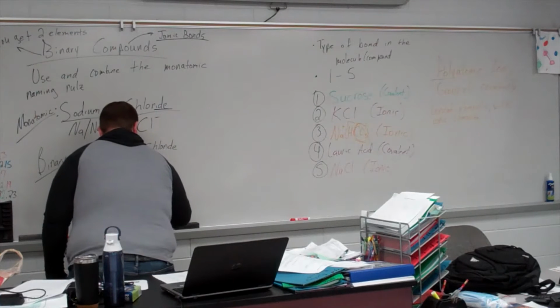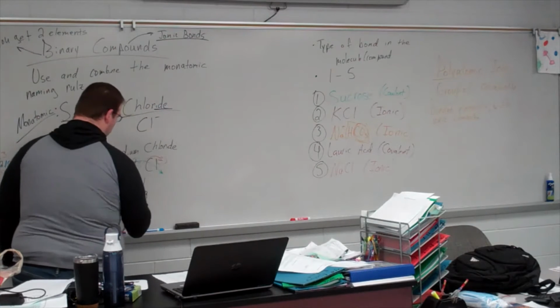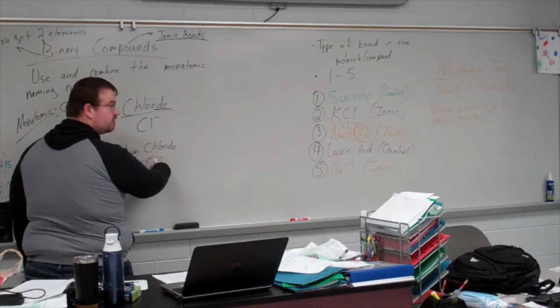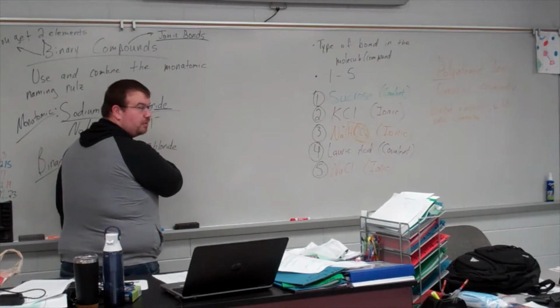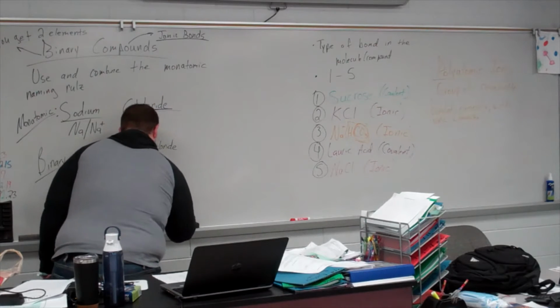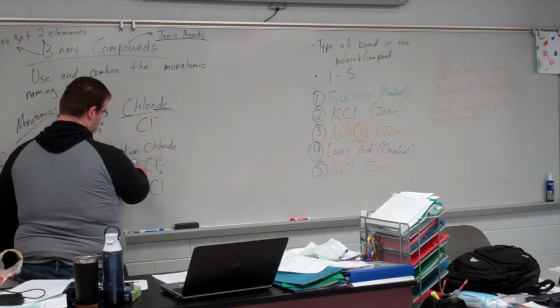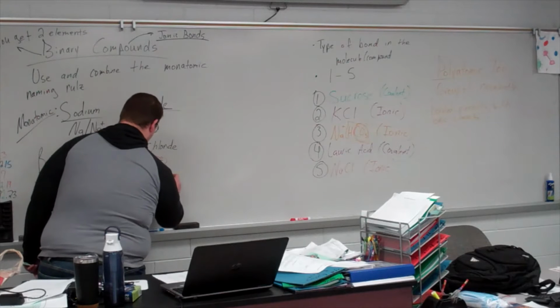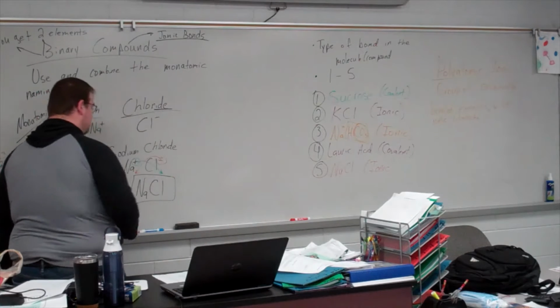I put down sodium. What number goes here is what's the charge up here. So there's a 1. It's just like in math, we don't put the 1. Then I put Cl. The number comes from up here. It's a 1. Bada boom, bada bang. We're done.